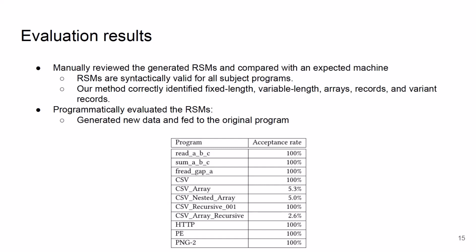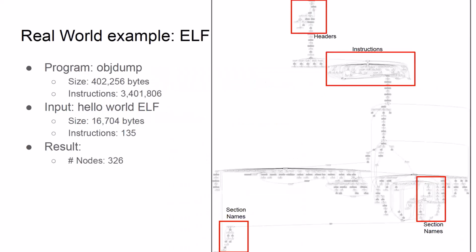For these three programs where the acceptance rates are low, it is because they have fields that encode the length of another field, say a counter that controls a variable length field or array. Right now our system syntactically identifies the fields and the RSM is syntactically valid, but it doesn't learn the semantic constraints between fields.